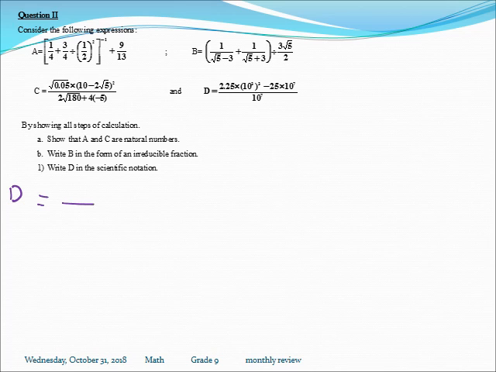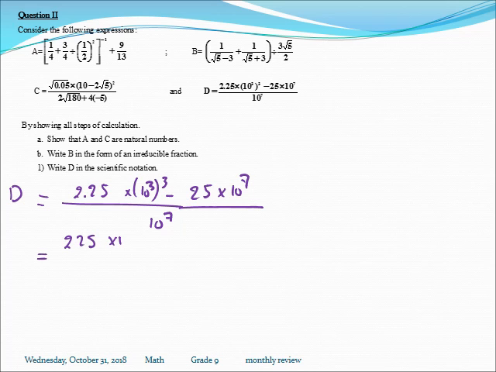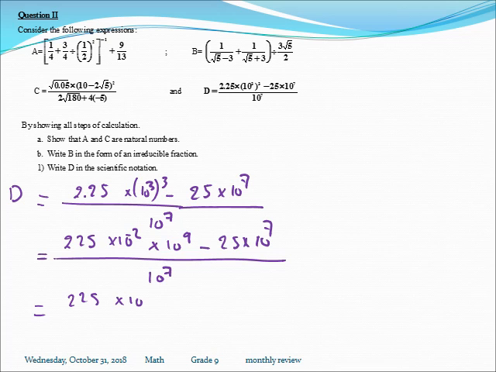Now D equals 2.25 times 10 power 3, all to the power 3, minus 25 times 10 power 7, over 10 power 7. First, remove the decimal point: 225 times 10 power minus 2, times 10 power 3 times 3, which is 9, minus 25 times 10 power 7, over 10 power 7. That equals 225 times 10 power 9 minus 2 times 3, which is 7, minus 25 times 10 power 7, over 10 power 7.